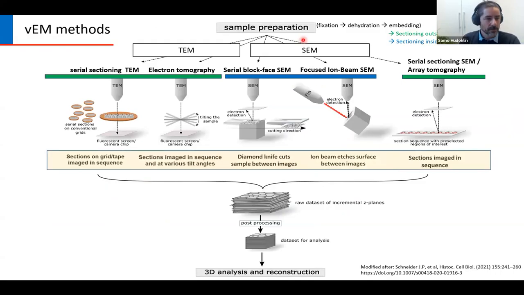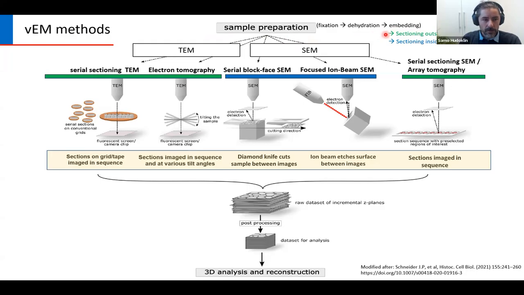How are those methods performed? They all start with fixation of the material, whether chemical or cryofixation. Then you have some dehydration, embedding, and then you have to do the sectioning. The sectioning can be done in two ways.